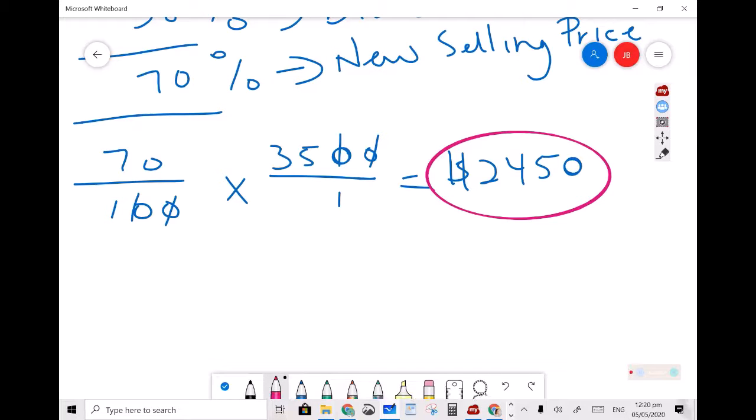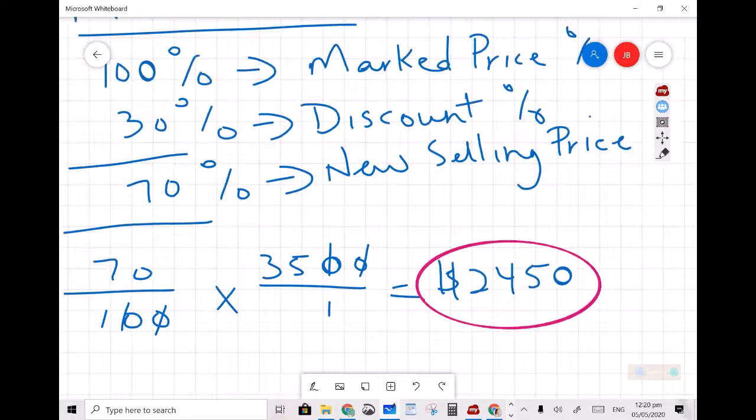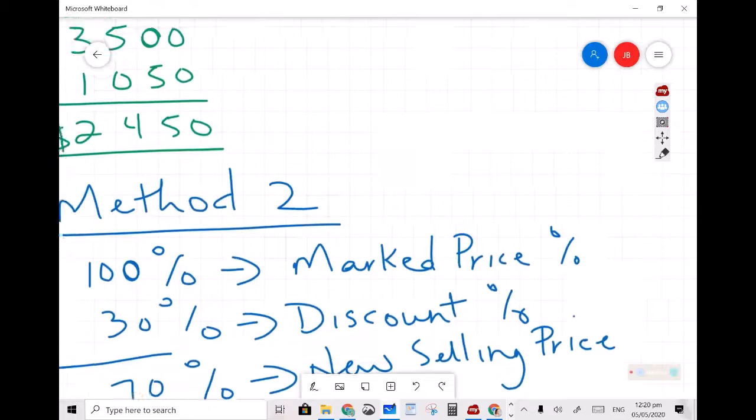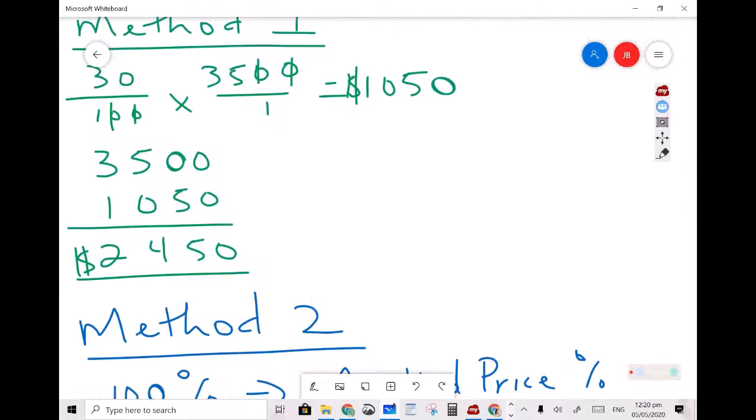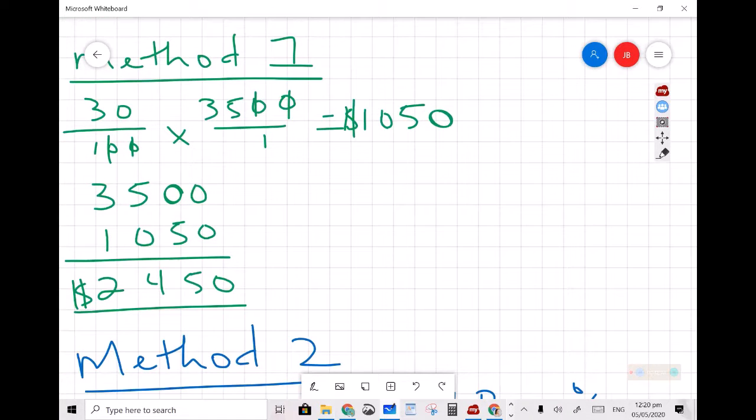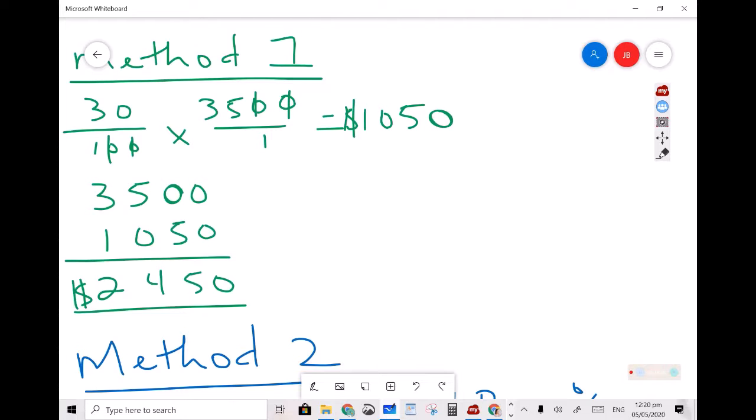Now let us check our last method, where we had started off with our money.